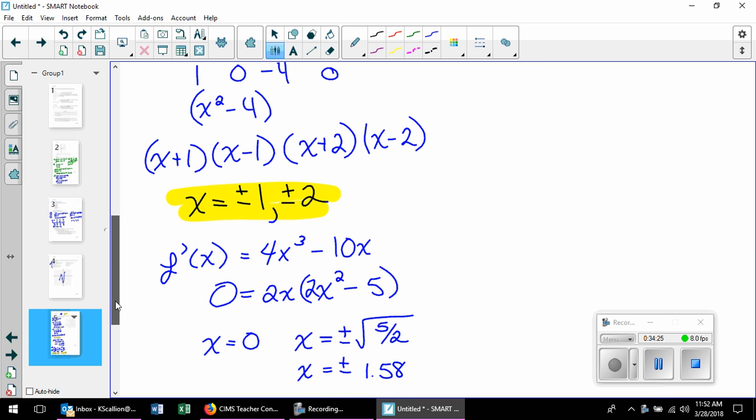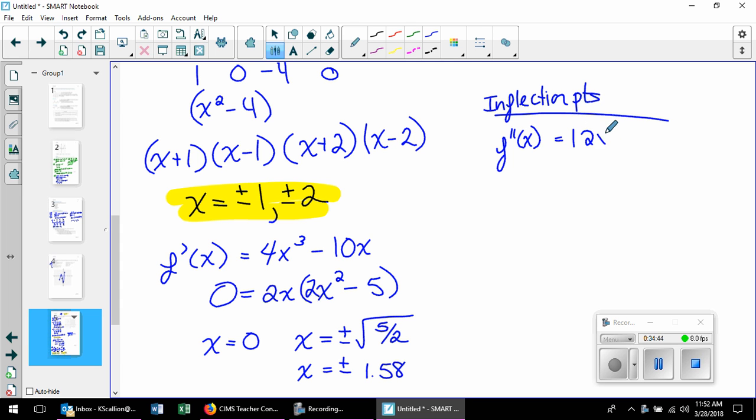Inflection points, what do they have to deal with? The second derivative is going to be, so set that equal to 0.